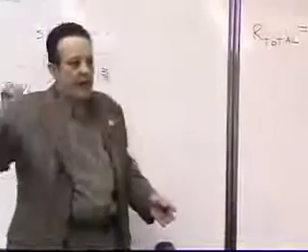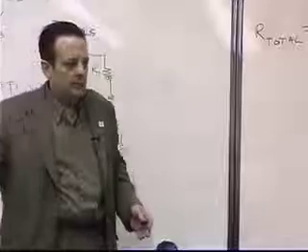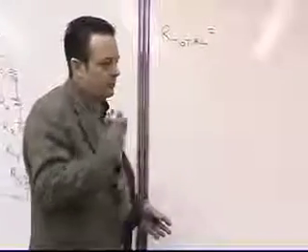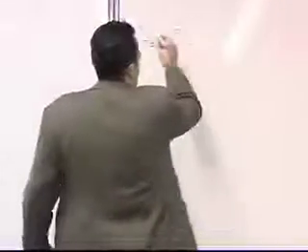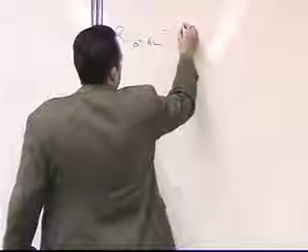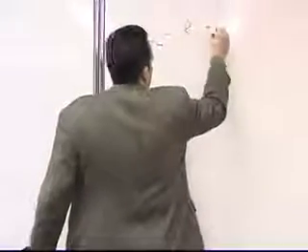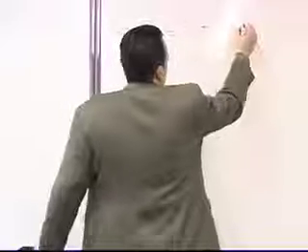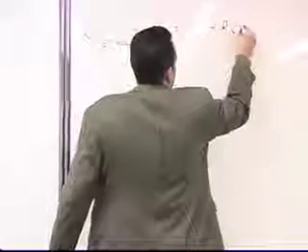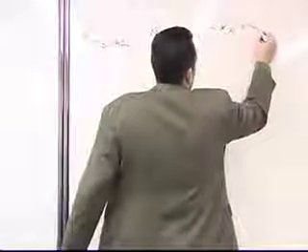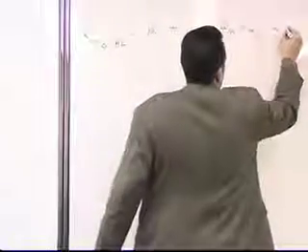Algebraic just means you add them up like you add money. There's no direction associated with it. So the total resistance is going to be resistor 1 plus resistor 2 plus resistor 3 plus resistor 4 plus resistor 5.